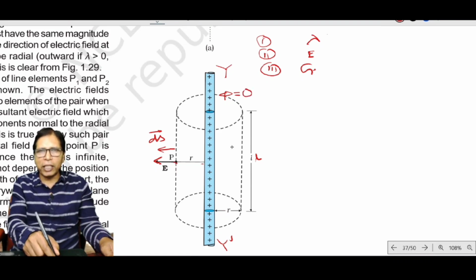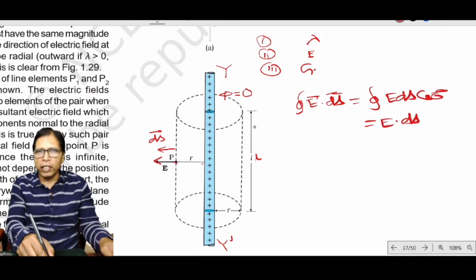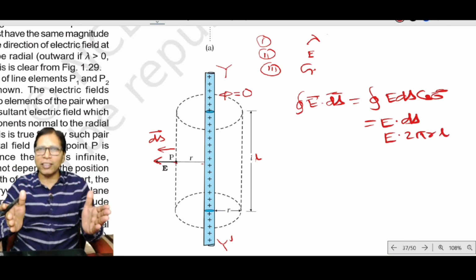But the flux on the curved surface is E vector dot ds vector, which equals E ds cos 0 degree, so E ds. What is ds? The area of the curved Gaussian surface. So E into 2 pi RL is the total flux through the Gaussian surface.